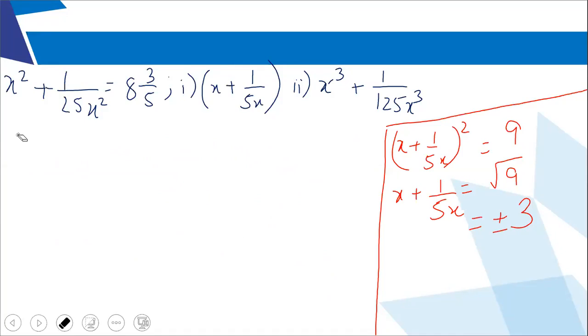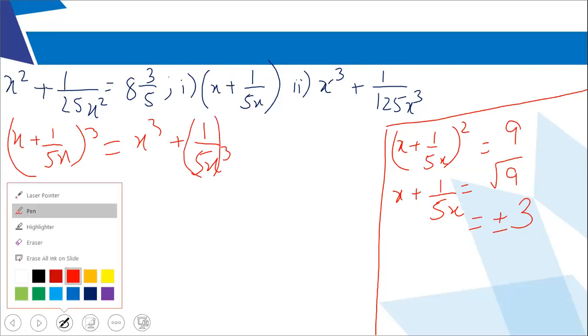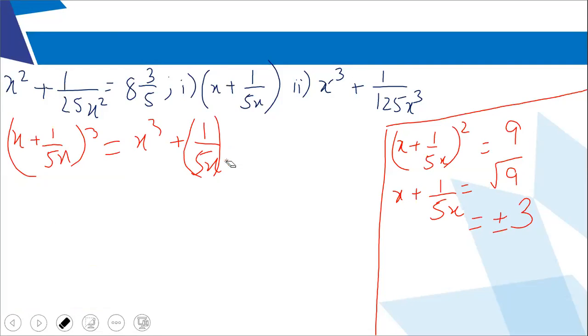So x plus 1 upon 5x whole cube, and you will apply this identity, a cube plus b cube plus 3 a into b, a plus b, which is, now I'm going to put plus minus 3.